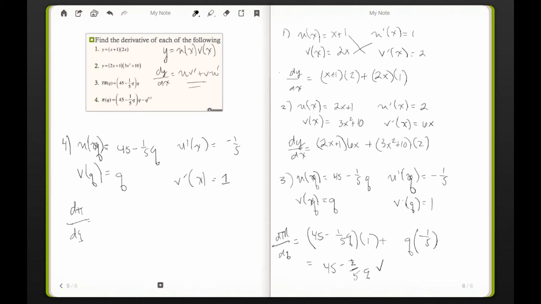We already know the derivative of this, we just calculated it. So I'm just going to write it out. It's 45 minus 2/5 q. And then minus the derivative of this guy. So using the power rule, I just get 0.5 q to the negative 0.5.